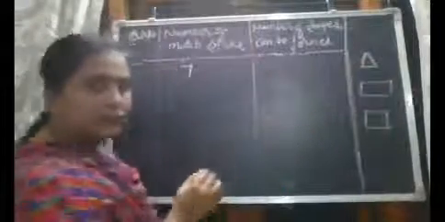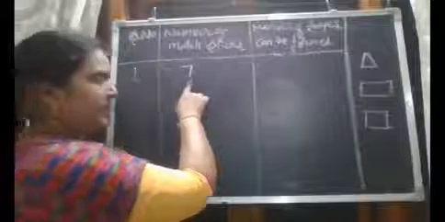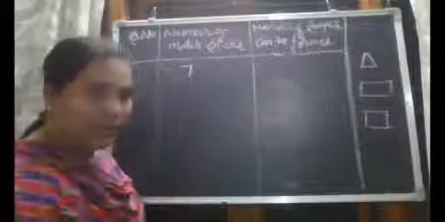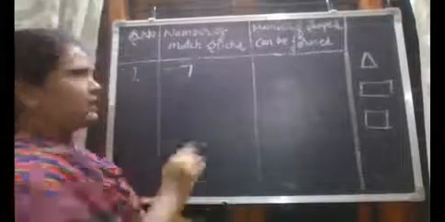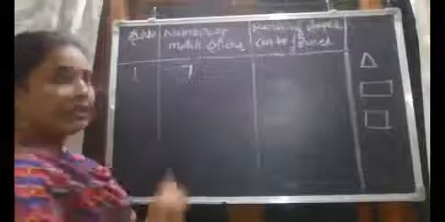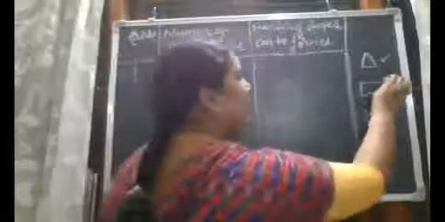For a triangle, what do we need to do? We need to check whether the given number is equal to 3 or bigger than 3. So 7 is bigger than 3, so we can make a triangle.